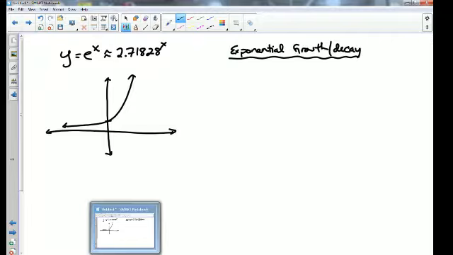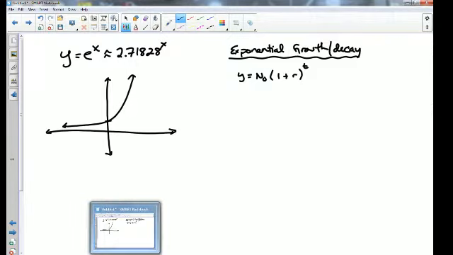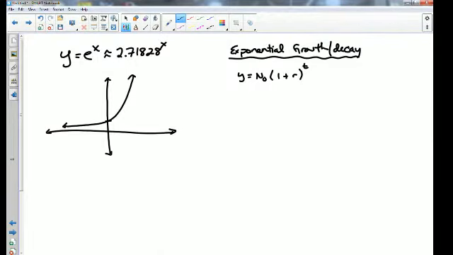Last time we put exponential growth or decay in, was it r to the t, right? We put that equation, exponential growth or decay, together, correct?